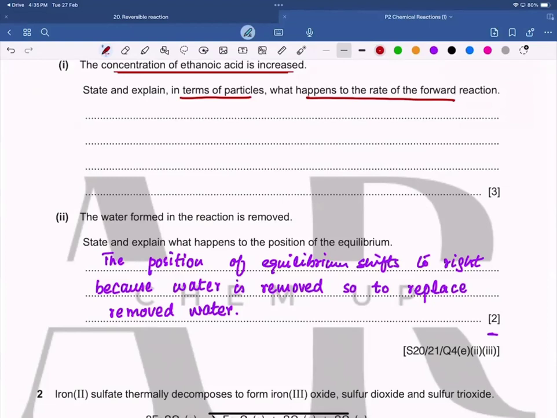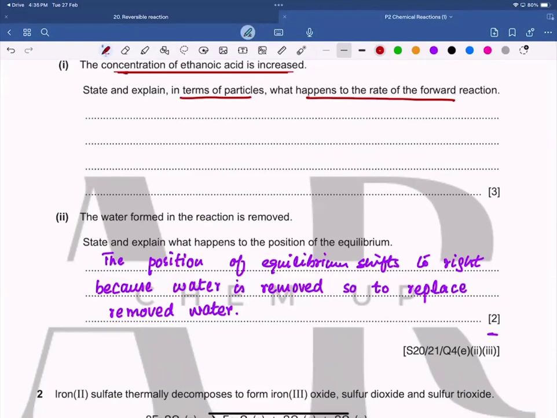Concentrated means there is a more amount of solute. So when they are closer, what happens to the particle collisions? They will occur more frequently, or less frequently? More frequently, sir. Very good. If it occurs more frequently, then what will happen to the rate? It will increase. Very good. So that's how you will formulate the answer.